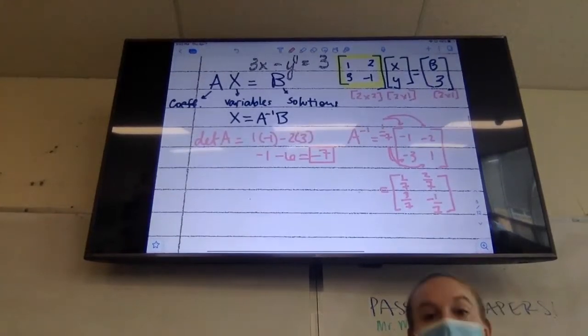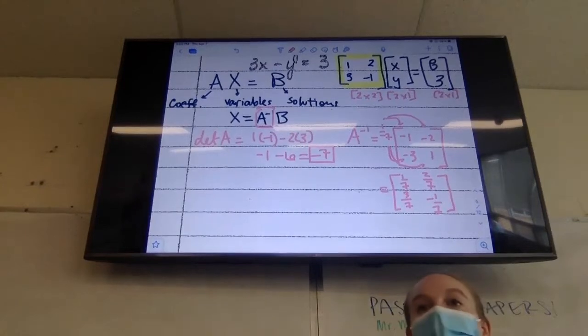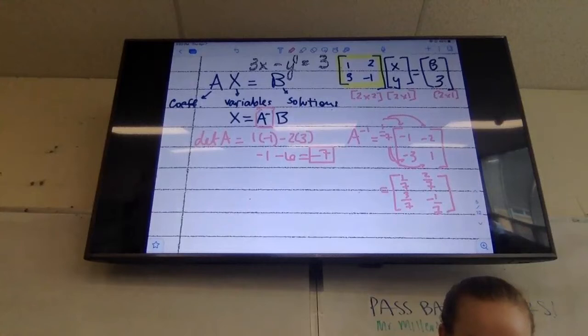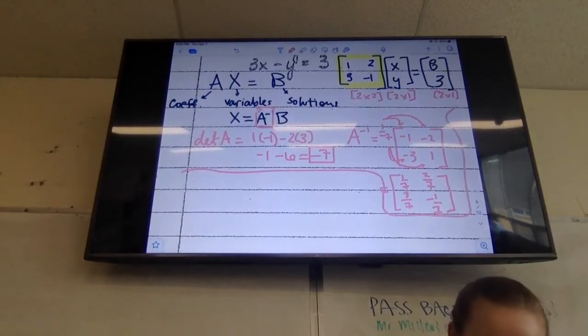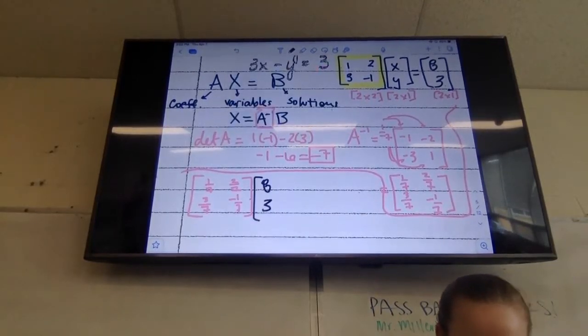Okay. All right, the reason we did that is so now I have my A to the -1, and now I'm going to take that matrix and multiply it by B. So now I'm going to do 1 over 7, 2 over 7, 3 over 7, -1 over 7 times B, which is 8, 3.